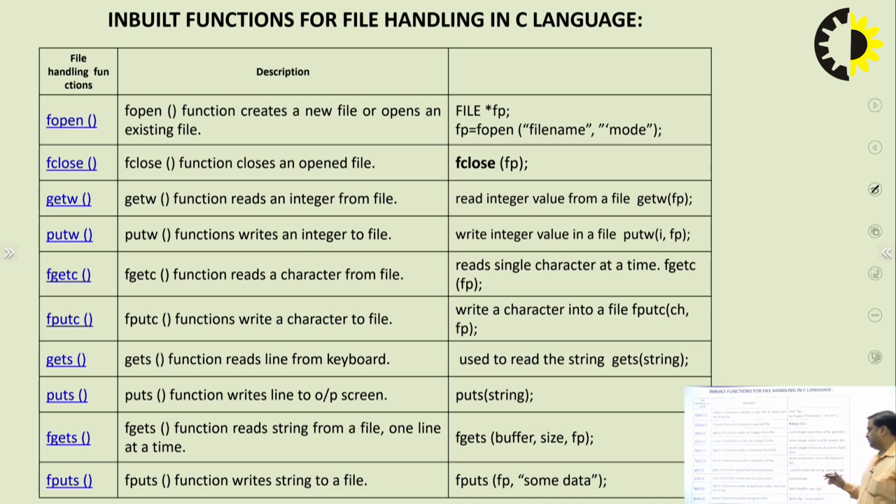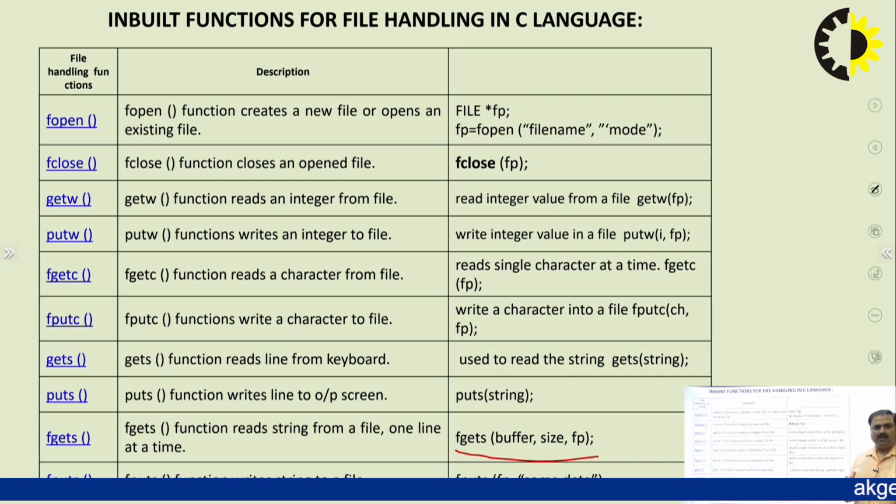The syntax of fgets uses one buffer, then size, and then the pointer through which it is reading from the file. Buffer means it will read from the file and store in this buffer. Size refers to the maximum number of bytes we are reading from the file at a time, because buffer size is limited.